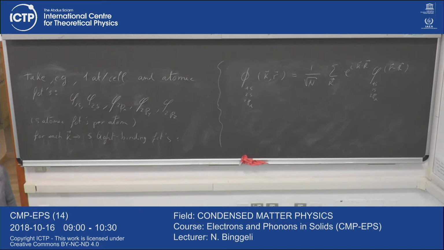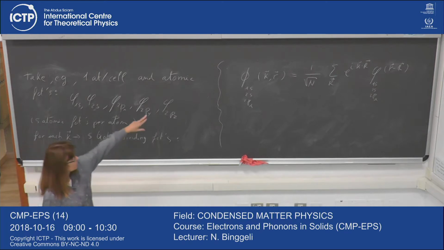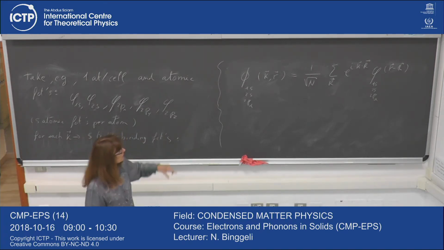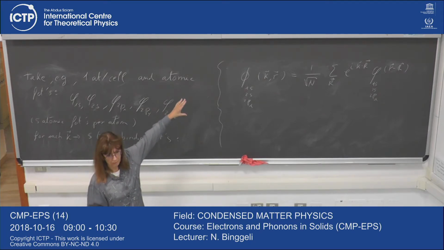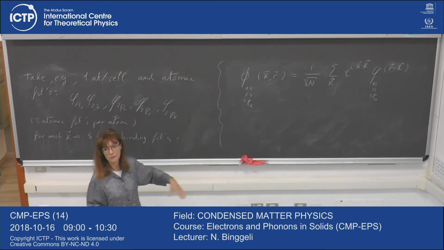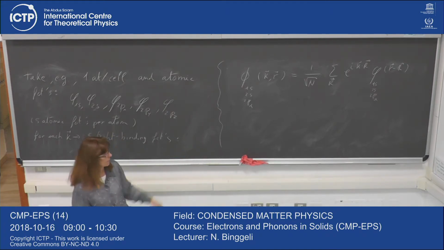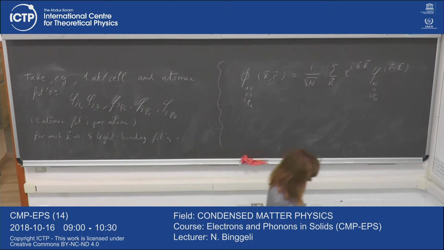have the Bloch form. Of course, if my basis has the Bloch form, then any state I expand as a linear combination of these basis functions will also be a Bloch state. So if I have these 5 Bloch states, and I write my crystal state as a linear combination of them, it will also be a Bloch state for the same k, obviously from the form it has.